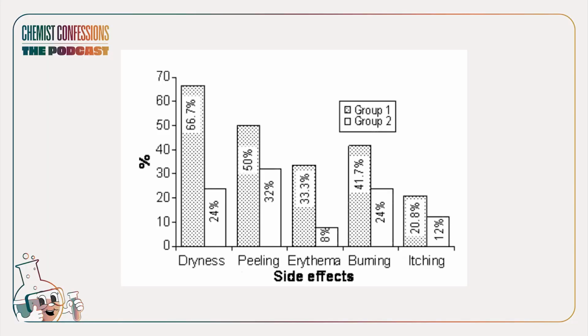If you look at the results, you will see that the salicylic acid group experienced a much higher amount of dryness, peeling, erythema, and burning. So, again, as Gloria was saying, I know salicylic acid gets positioned as gentle, but again, concentration matters here. And at the 2% mark, we can clearly say that it can be aggressive for some skin types. Yep. I feel so validated.